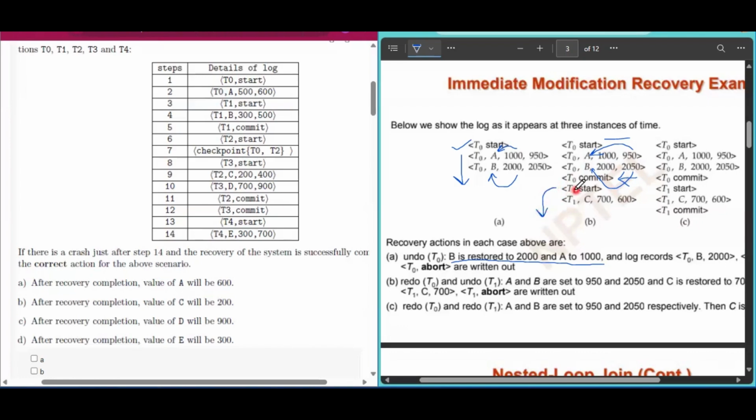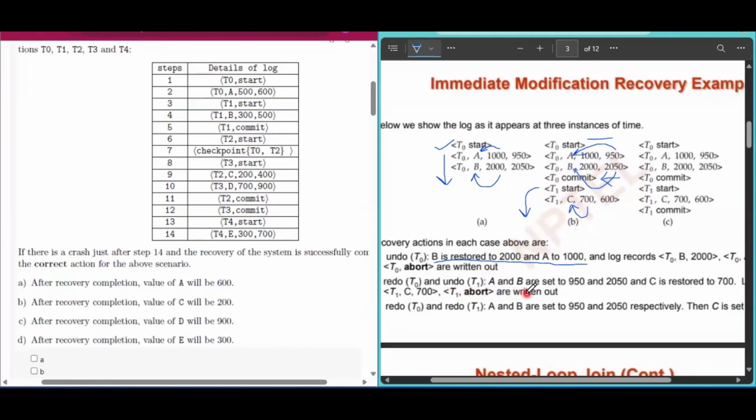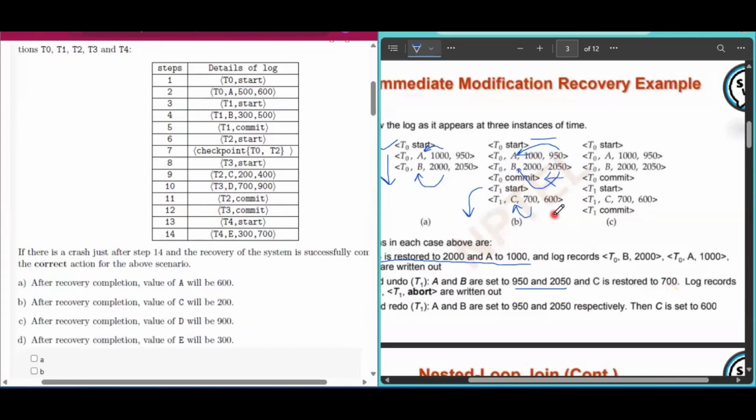That means T1 transaction is still running. And in this case, we have to do undo operation, and for undo operation, this 700 value will be stored to C. That means here you find that A and B are set to 950 and 2050, and C is restored to 700.